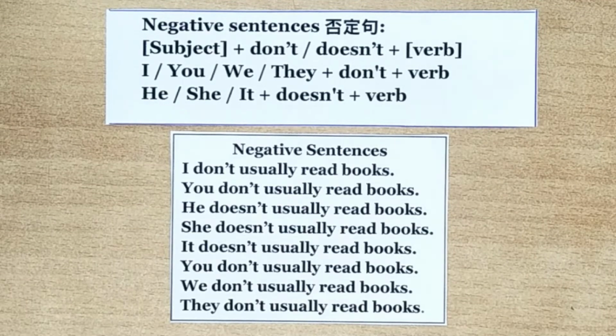You don't plus verb. We don't plus verb. They don't plus verb. For the subjects he, she, it, we use doesn't plus verb. He doesn't plus verb. She doesn't plus verb. It doesn't plus verb.